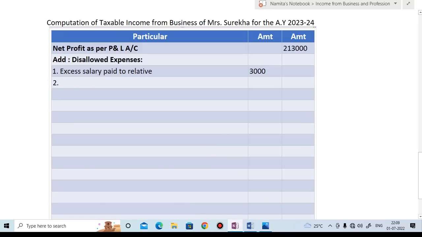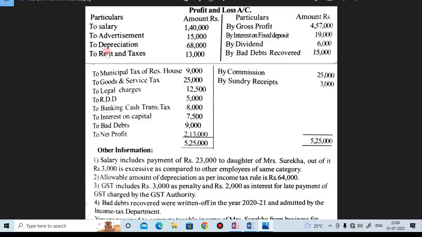So second, excess of depreciation: 68,000 minus 64,000. The excess is 4,000, and this 4,000 is disallowed expenses.